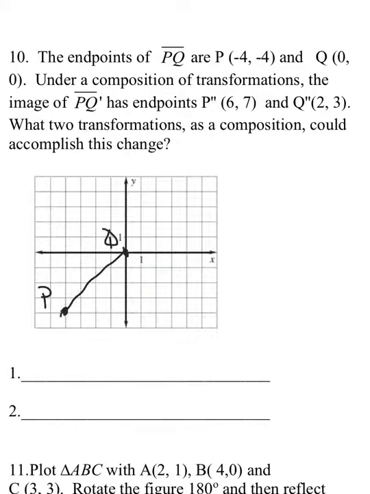And the endpoints should be P double prime, Q double prime at 6, 7. 1, 2, 3, 4, 5, 6. 1, 2, 3, 4, 5, 6, 7. So somewhere way up here. And Q at 2, 3.